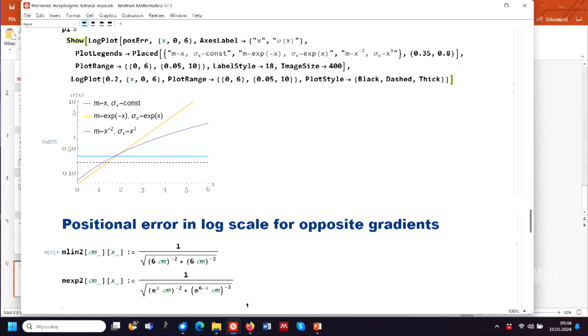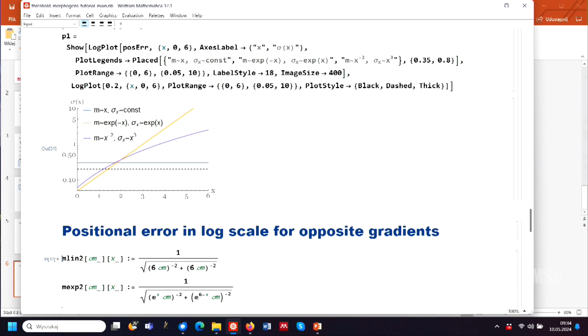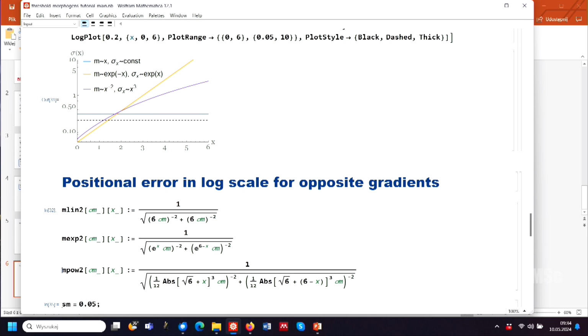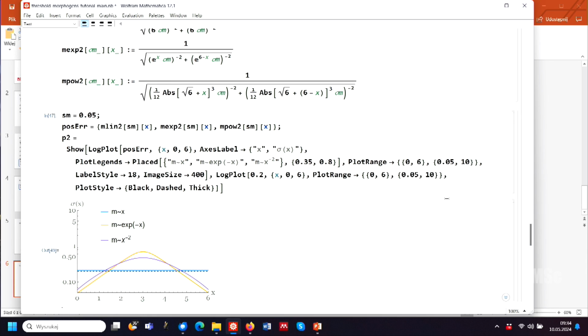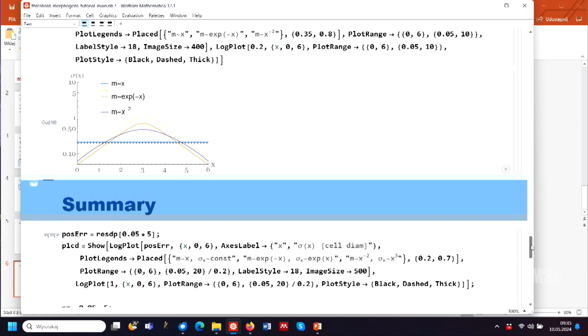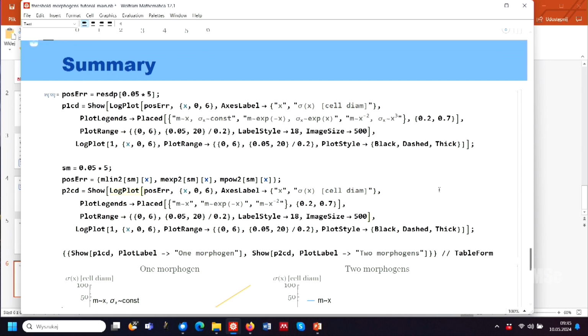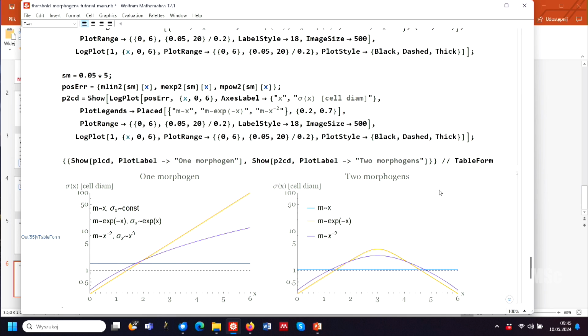And now, just to conclude, let's get to this. I used that formula, I plugged in what we calculated, and now what you can see is you get a dramatic decrease of positional error if you have both morphogen gradients. This is even better seen if we redo this plot in terms of cell diameters.